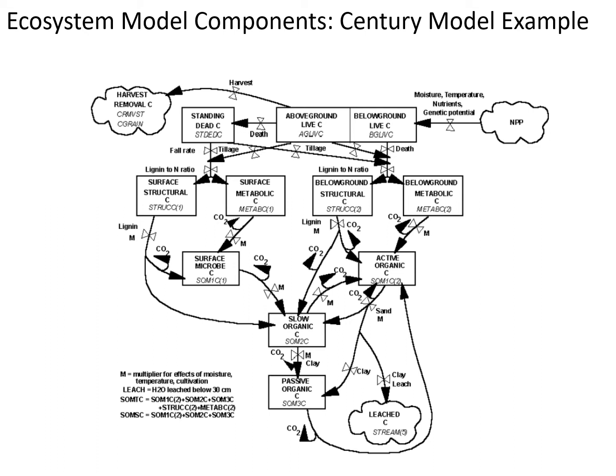So those rectangles are going to be your state variables, and then we have these little cloudy things, and those generally represent sinks or sources for the model as a whole.